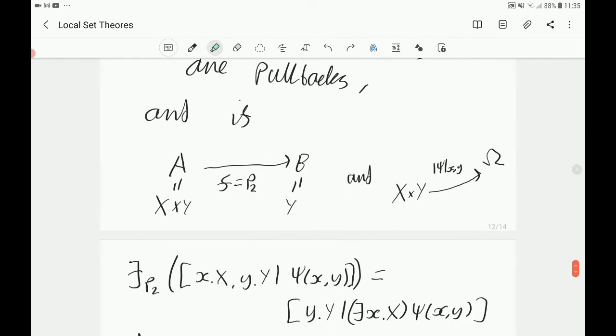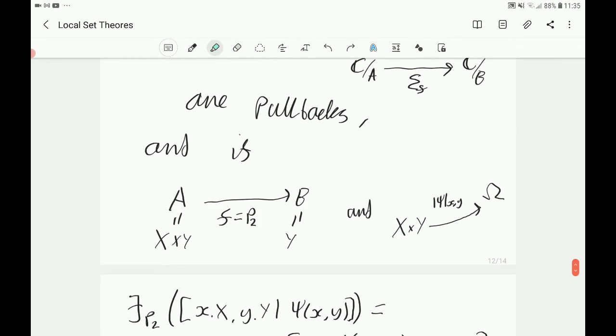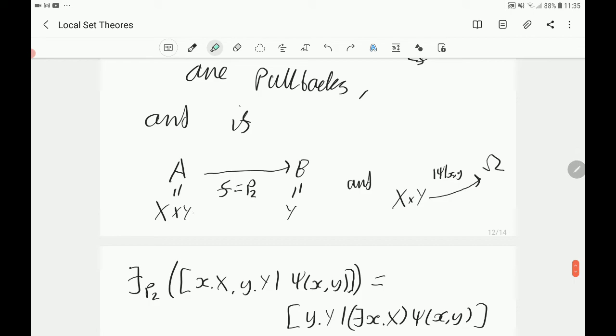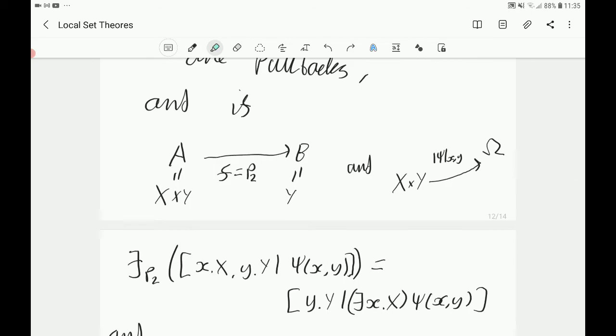And then if we look at a special case of this, where A is X times Y, and B is Y, and f is p2, and say we're concerned with a formula psi, so we can think of the interpretation of psi over X and Y as an arrow from X times Y to omega.